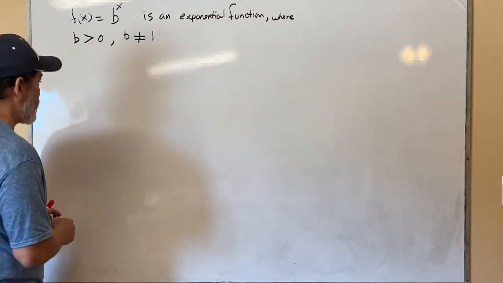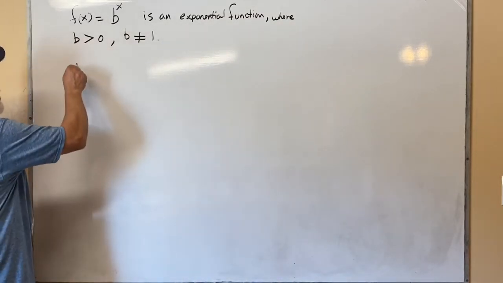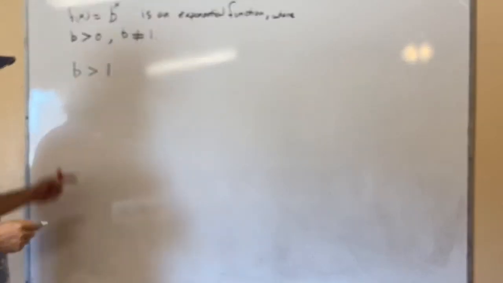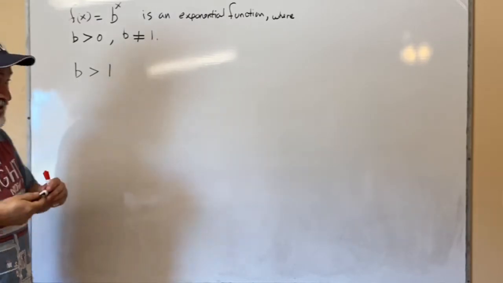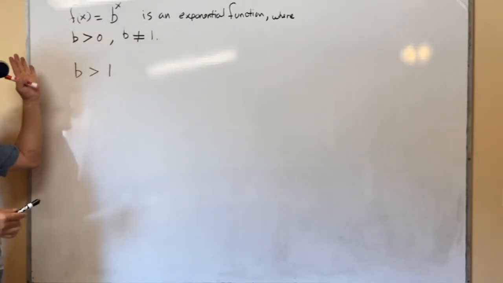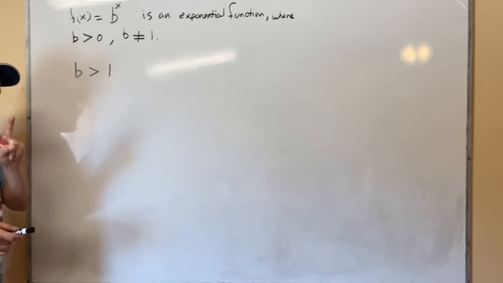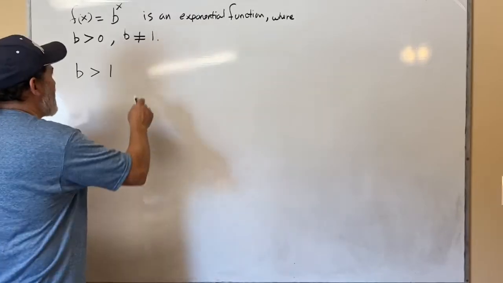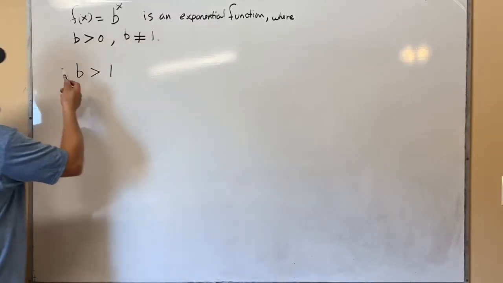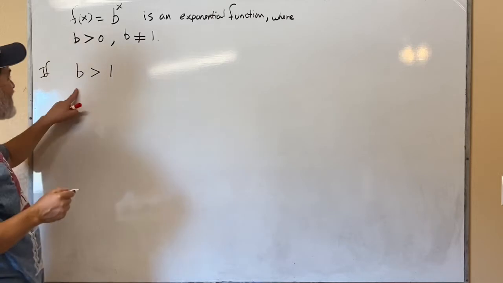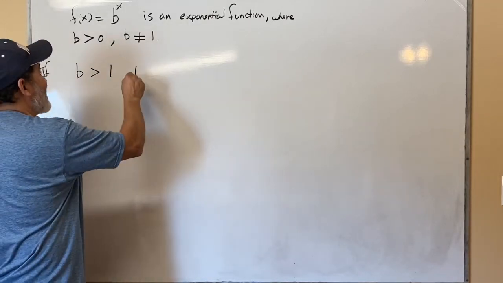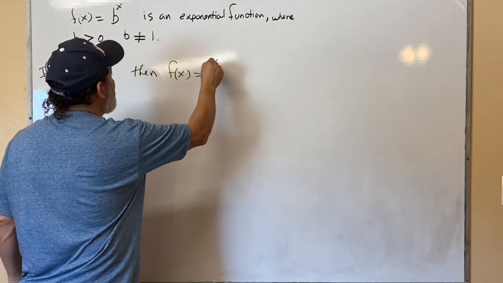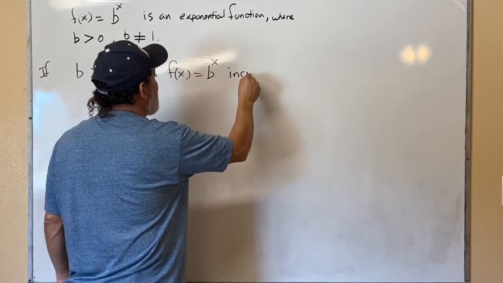I showed you earlier, when the base is greater than 1, remember the first exponential function that we graphed, the base was 2. It was increasing. So if the base is greater than 1, then f of x equals b to the x increases.